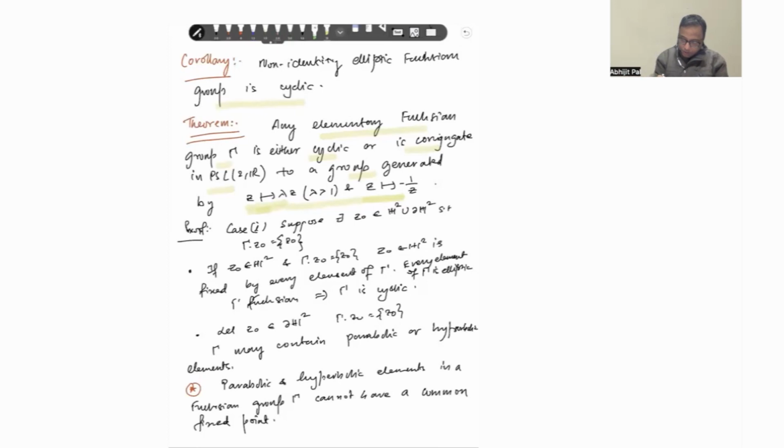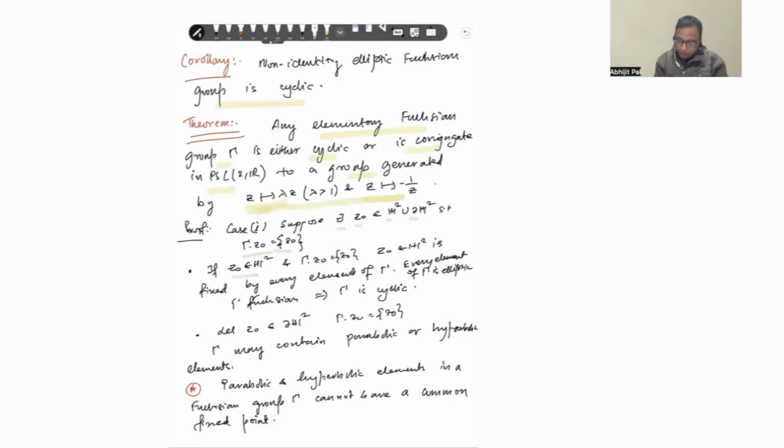So what is case 1? Suppose there exists an element z naught in the upper half plane union the boundary, such that the orbit of z naught is just the singleton point z naught. Now two cases will arise. Suppose z naught belongs to the upper half plane.